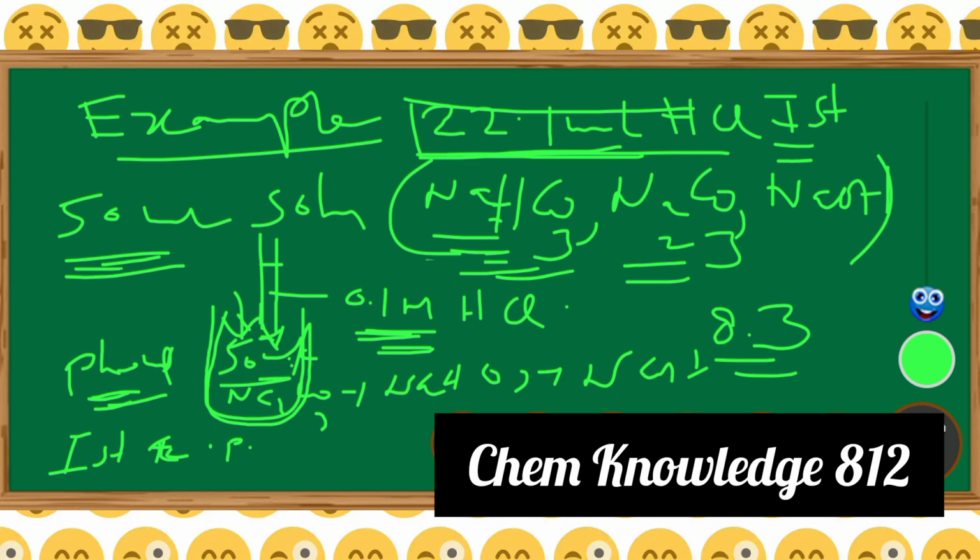Now, the titration will be continued, and after obtaining the first endpoint, methyl red will be added to this solution, and titration will be continued again with 0.1 molar HCl.